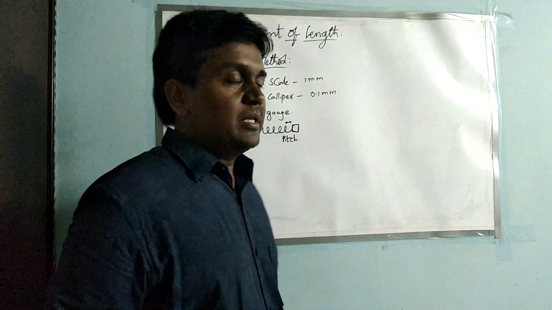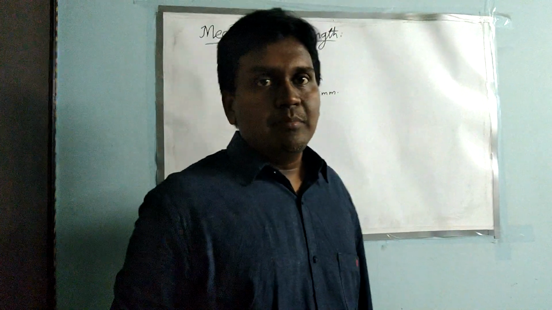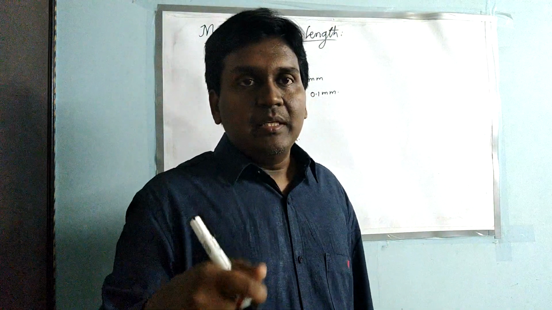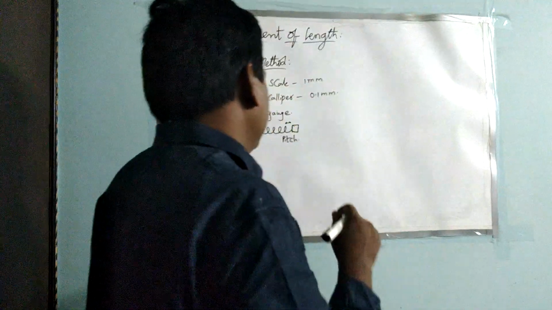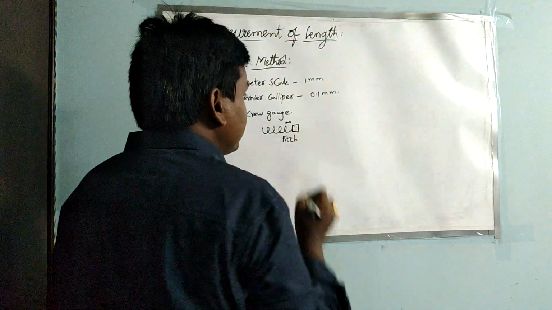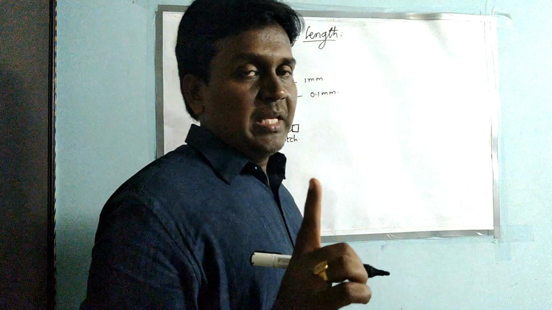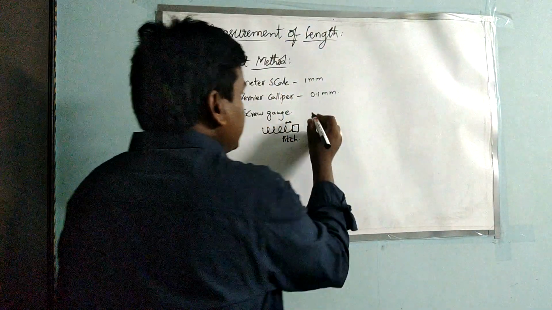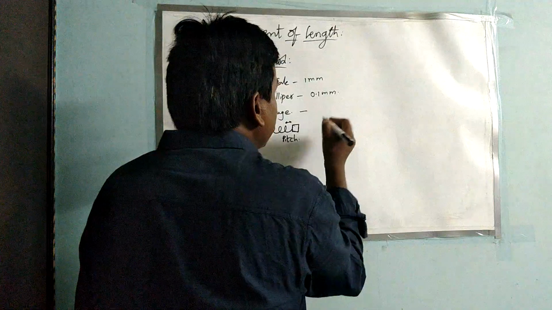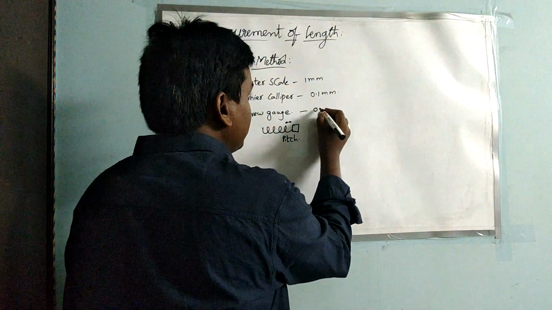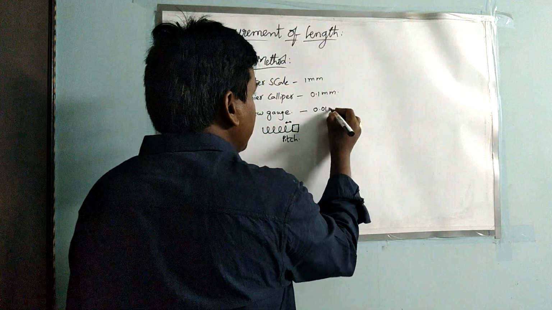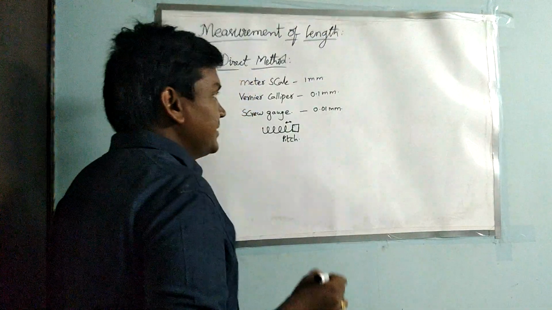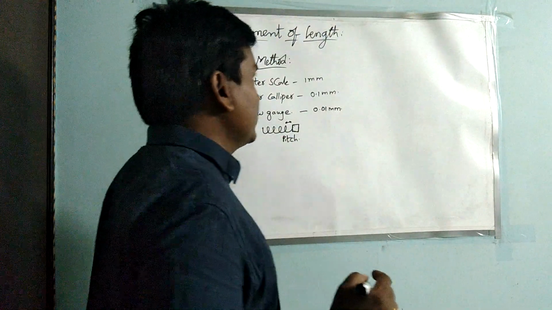The distance moved by the screw is called the pitch. That means if one rotation completes, the distance moved by the screw is called one pitch. And the minimum value it is able to measure is 0.01 mm. So this is the least count of the screw gauge.